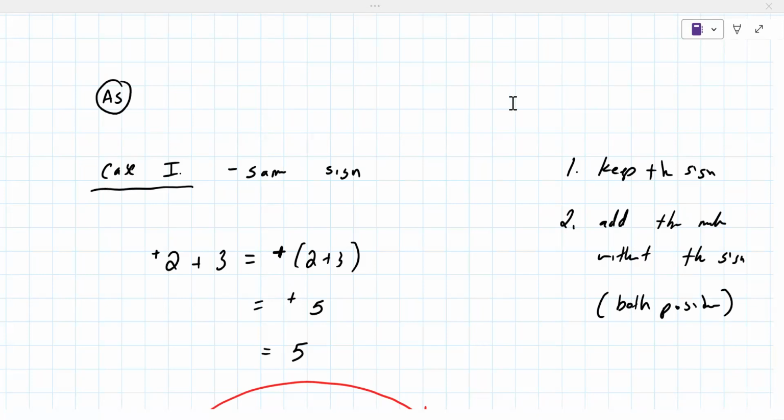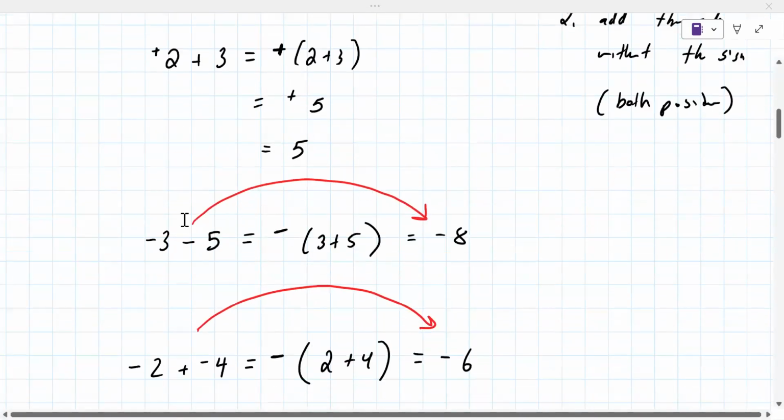What does line 2 say? Add the numbers without the sign, making them both positive. Can I see an example of this again? So here, this one, this is probably the best example.